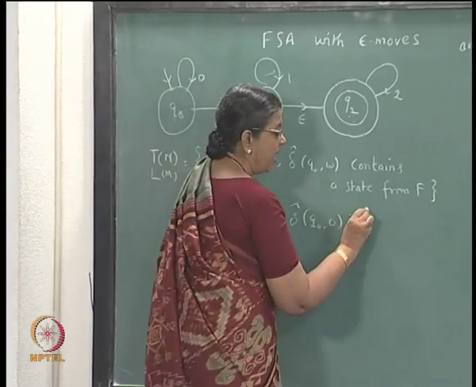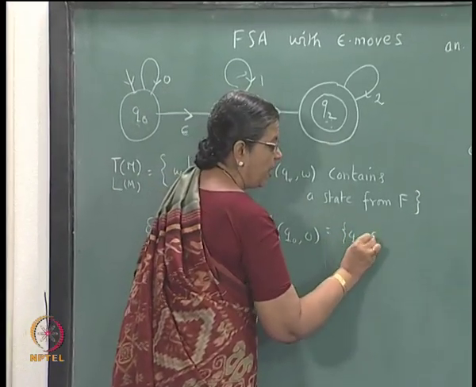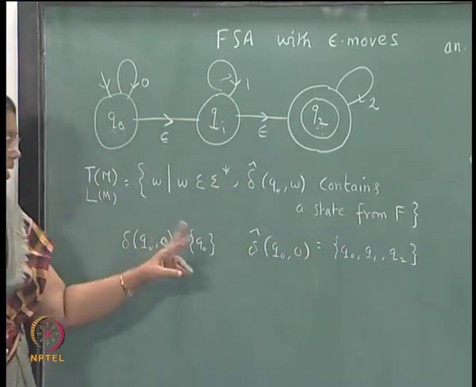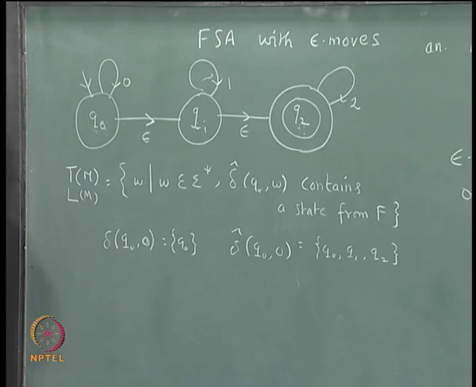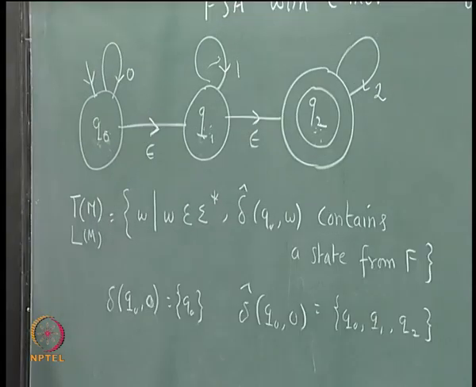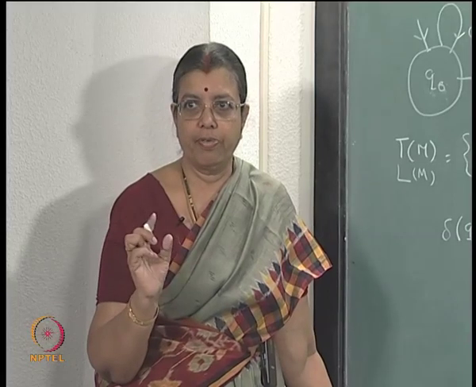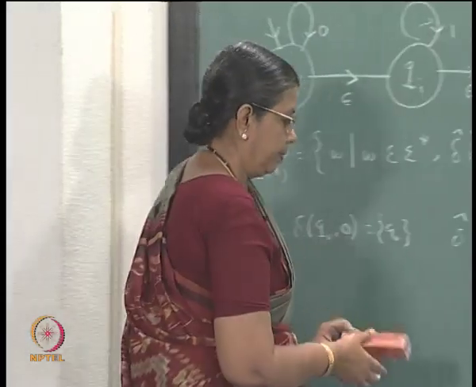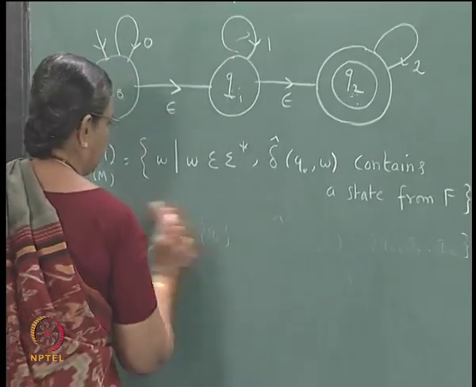So, this will be Q naught, Q1, Q2. They are not the same. See, in the case of NFSA and DFSA, when you restrict it to a symbol, they become equal. That is why you can use the same symbol. But here they are different, so you cannot use the same symbol. Delta cap has to be differentiated; it is different from delta. You have to use two different symbols here. They cannot be the same.